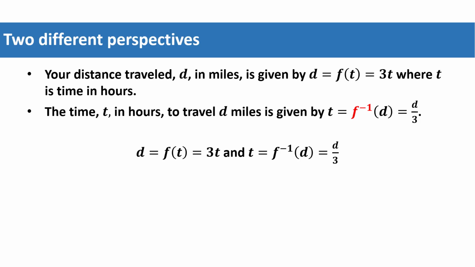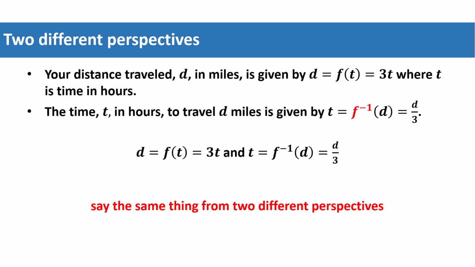When a given function has an inverse function, it allows us to express the same relationship from two different points of view. For example, we've already shown that d equals f of t equals 3t, and then t equals f inverse of d equals d divided by 3. Observe that both equations are equivalent forms of the same equation. So they really say the same thing from two different perspectives.